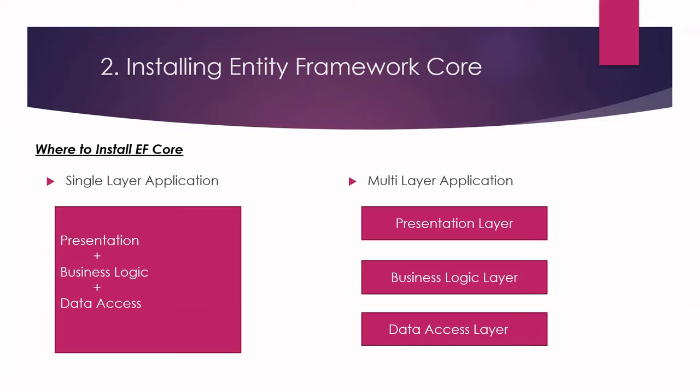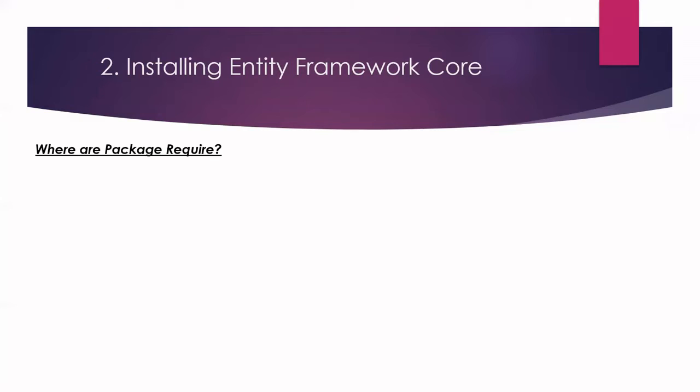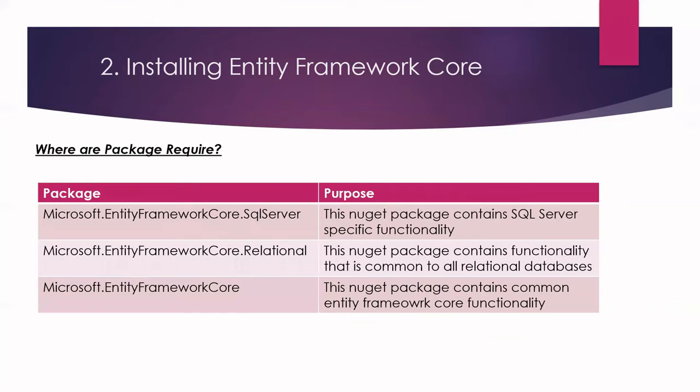Now let's see what packages we require to install Entity Framework Core with SQL Server. As we are going to use SQL Server as the database, we need to install three NuGet packages. The first is Microsoft.EntityFrameworkCore.SqlServer, which contains the SQL Server functionality as we are going to query the SQL Server database.